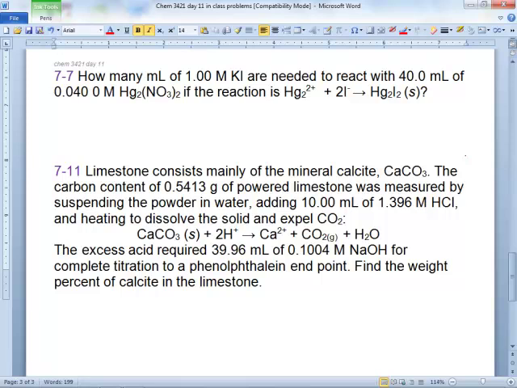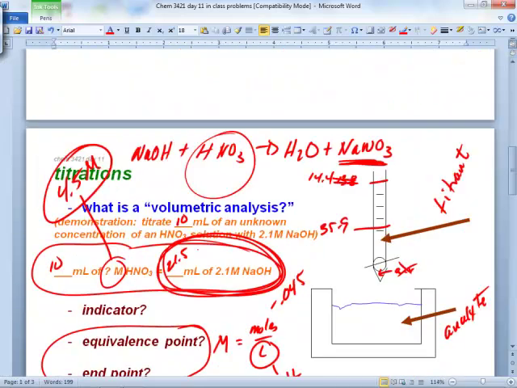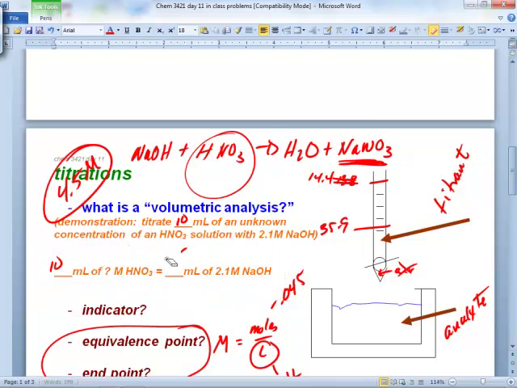Yeah, there's our mole bridge right there. Here, we can use all these ratios. We're going to need those. We want to end up in mils of KI. Where would you start? Start with the 40 mils of the 0.04 molar. If you don't quite see this, that's why I wrote this, because that's what titrations are.